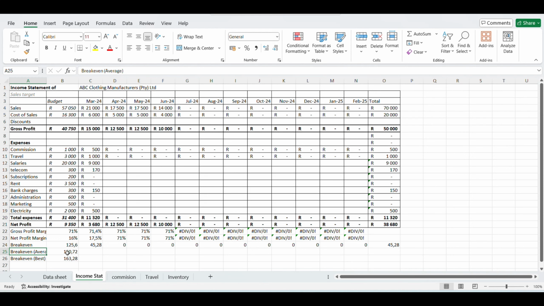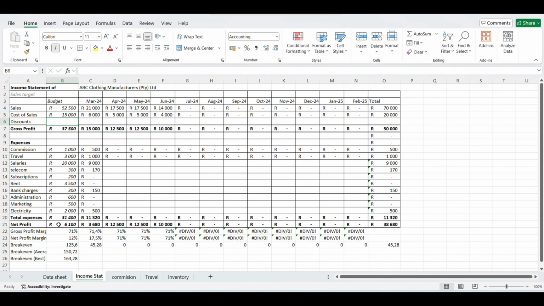So if you sell 163 dresses, then your net profit's going to be around 30%. So if we put this value here, the 150 in sales, so it's 150 dresses times 350 Rand, and then it's 150 dresses times the 100 Rand, which is the cost of sales.